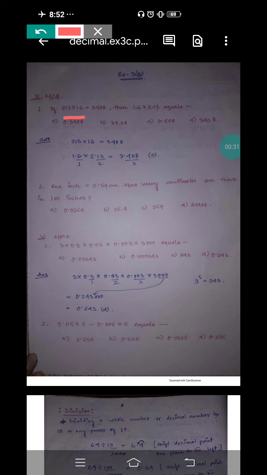Okay, in question number 1, it is given that if 213 is multiplied by 16, you will get 3408. That is given.